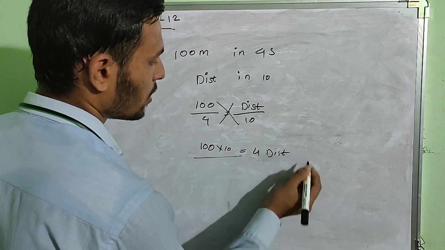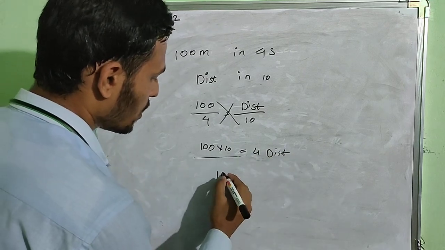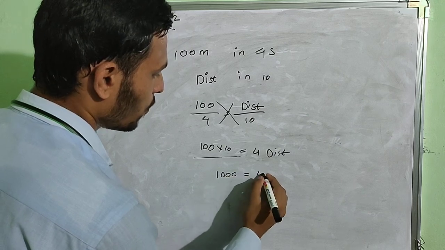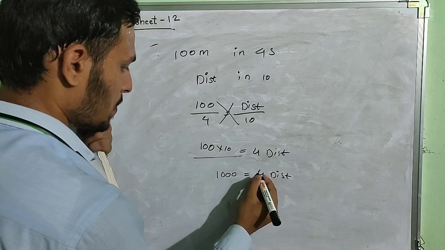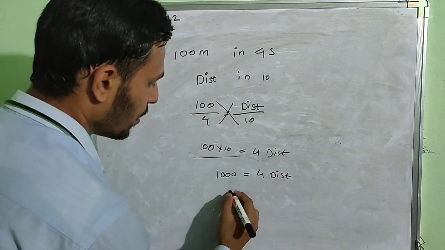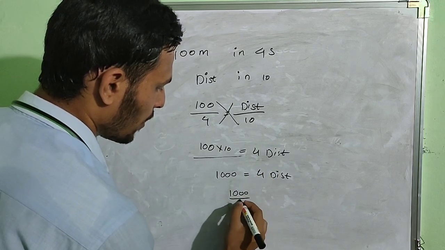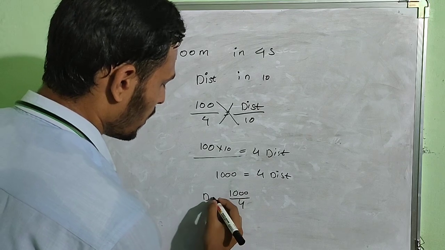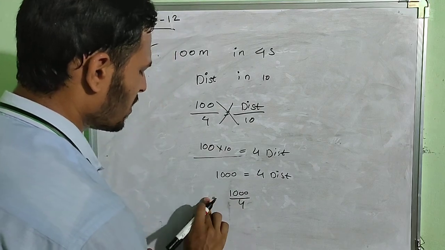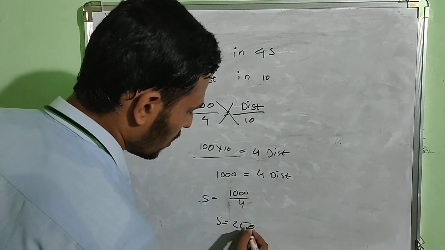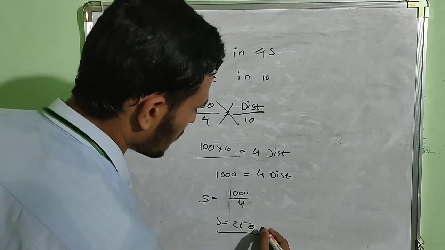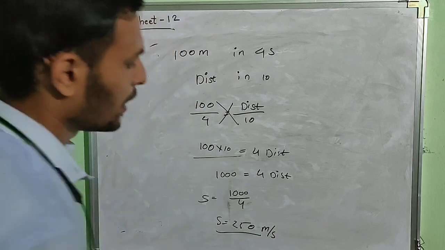So 1000 divided by 4 gives the distance. S is equal to 250 meters.